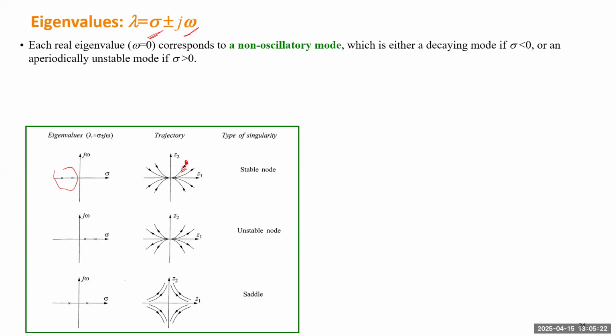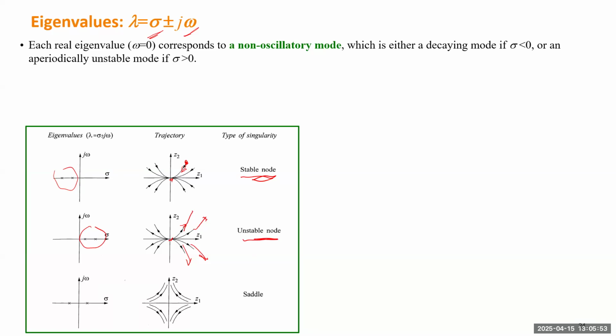If both eigenvalues are on the right-hand side of the imaginary axis, you still see two trajectories, but the direction is reversed. If you start from any point, it will just move further from the equilibrium. The system becomes unstable. For the stable case, that is called a stable node, or a stable equilibrium point. If both modes are unstable, that equilibrium is called an unstable node, or an unstable equilibrium point.